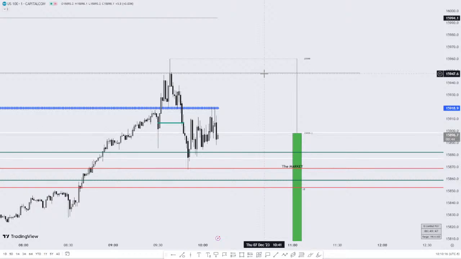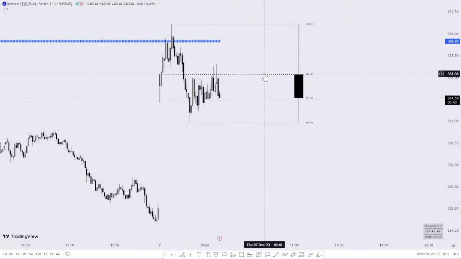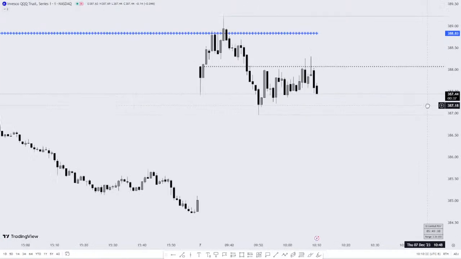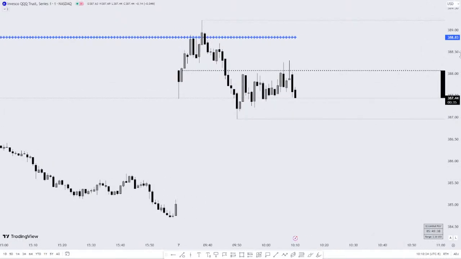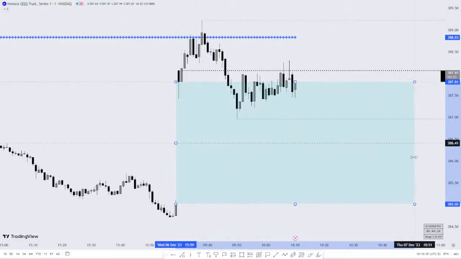Watch out for this. No, no forex. If you're just trading the NASDAQ, stick to the NASDAQ.